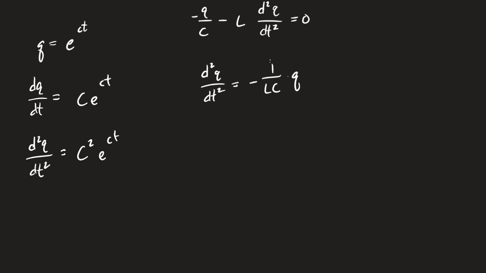The negative sign. Can that be fixed by putting a negative sign here? If I take the first derivative, I get the negative sign out the first time. But when I take the second derivative, I get that negative sign again, making it positive. Still doesn't work. Now, this process that we're doing is just called guessing an answer. It's not ideal.